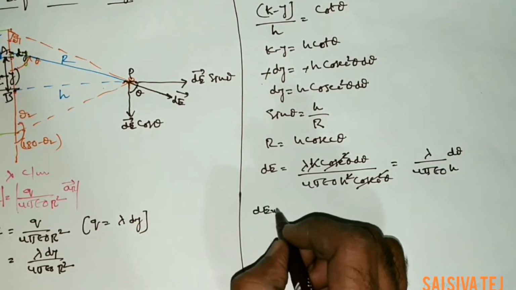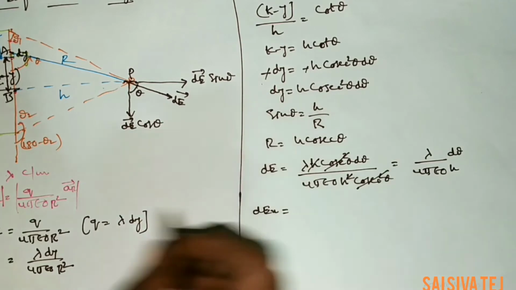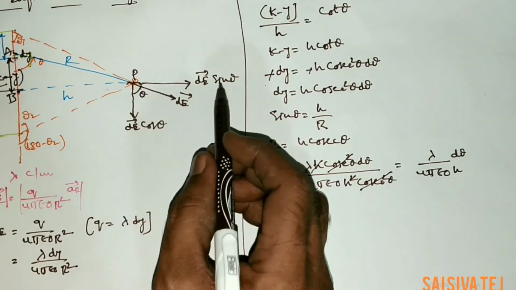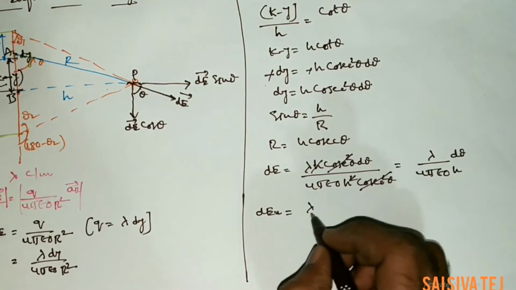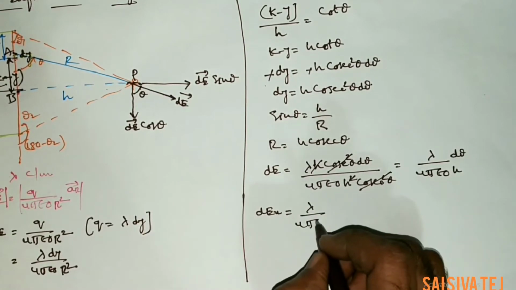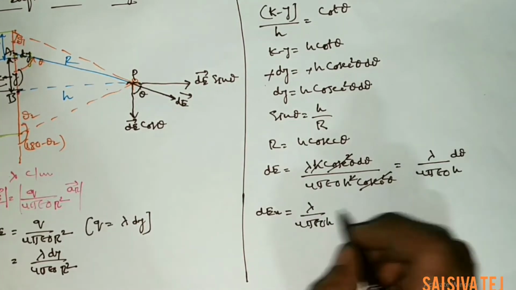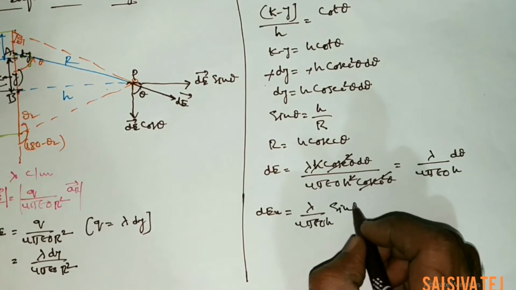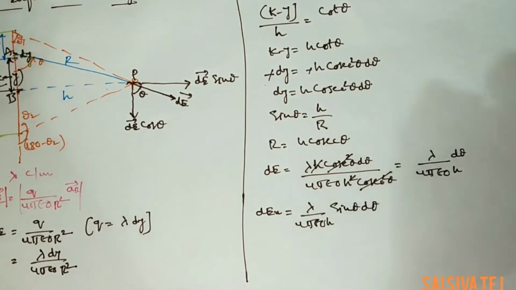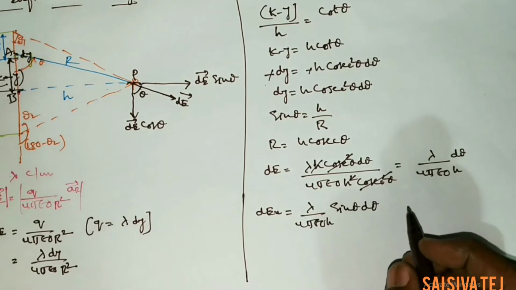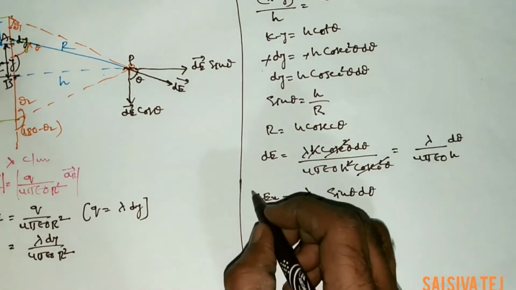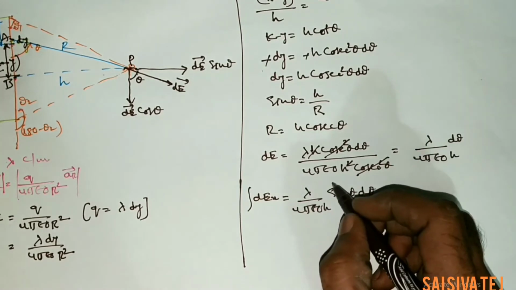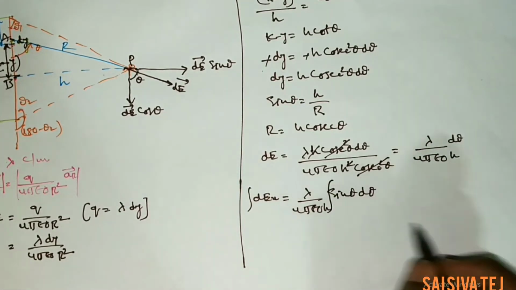When you want to find dEx along the x-axis, we have dE sin theta. So lambda by 4 pi epsilon naught into h, sin theta d theta, and when it is integrated we get the total value. So I am integrating it on both sides.